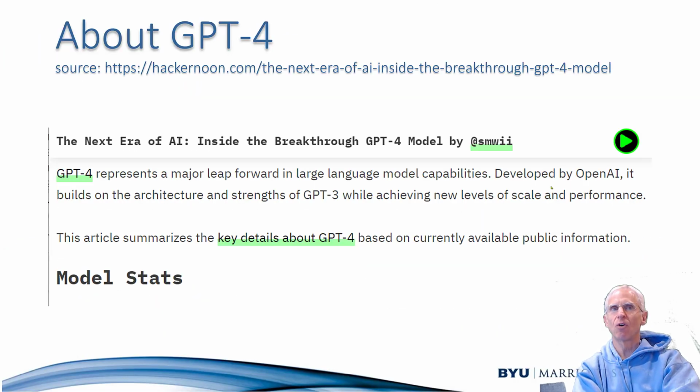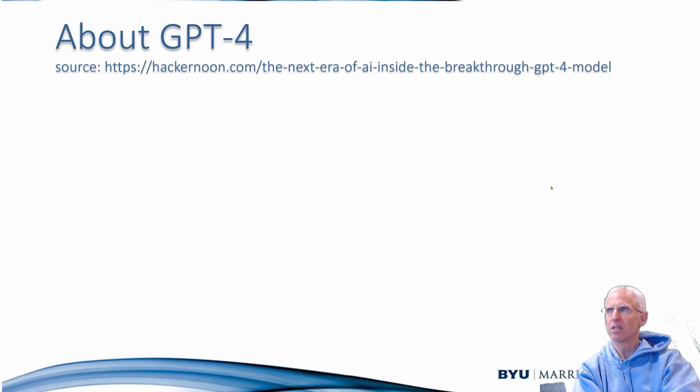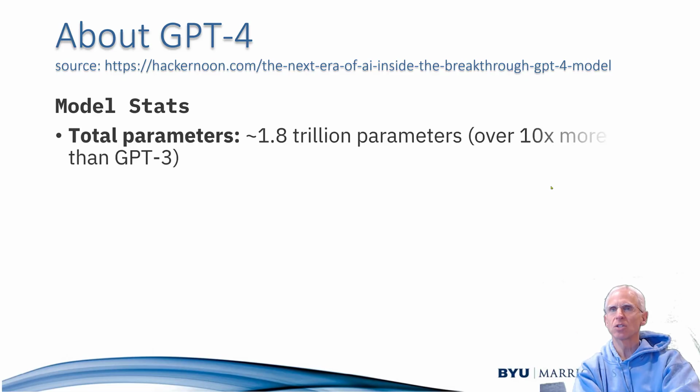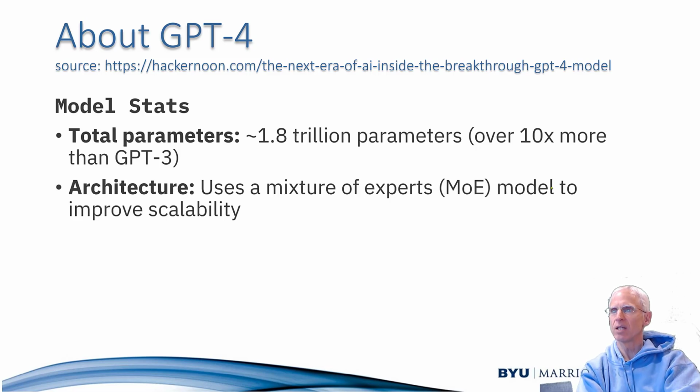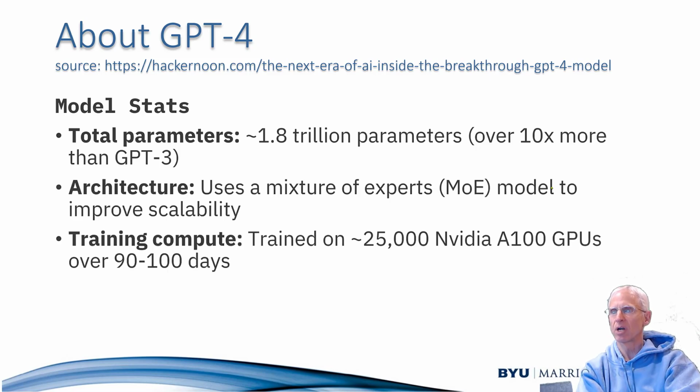Some key details about this model. Model stats: 1.8 trillion parameters, actually 1.76 is what was reported, 10 times more than GPT-3. Mixture of experts, we talked about that before. Trained on 25,000 NVIDIA A100 GPUs, which have a retail price of $10,000 to $20,000 each, and it took 90 to 100 days.